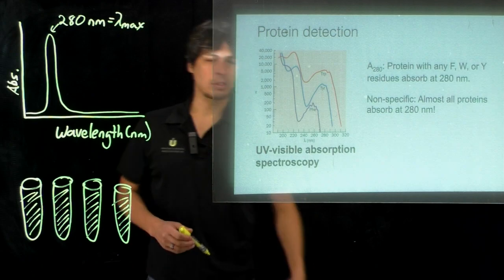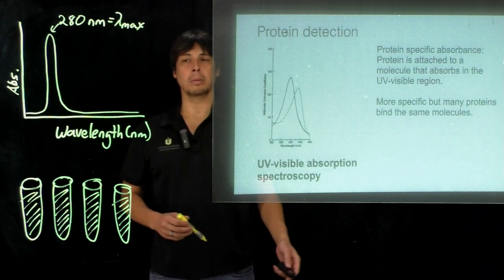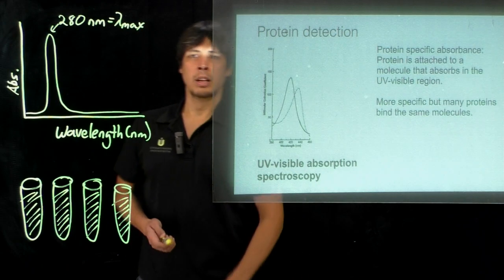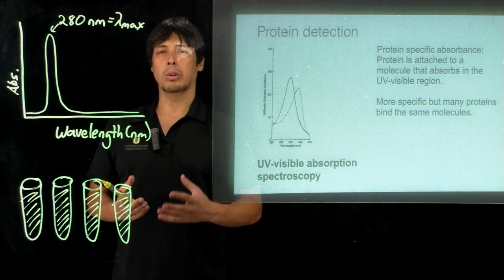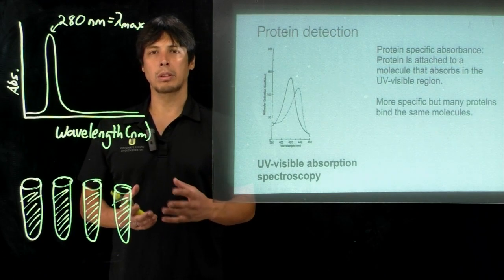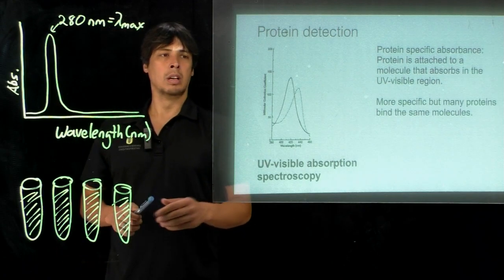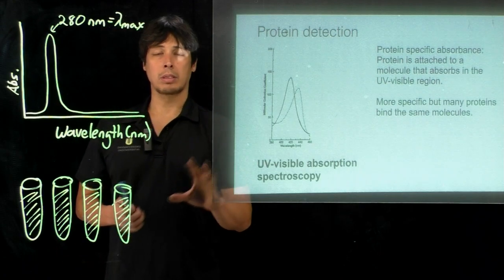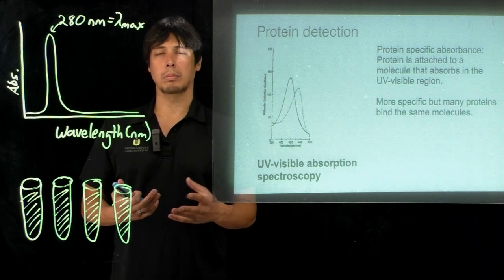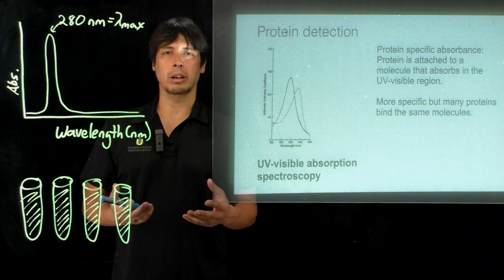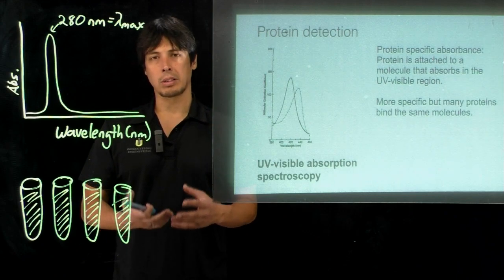So if we're looking for something more specific, depending on what type of protein we're using, if it binds an organic molecule that absorbs in the visible region, so for instance, heme, which is an important iron-binding organic cofactor that binds to proteins.